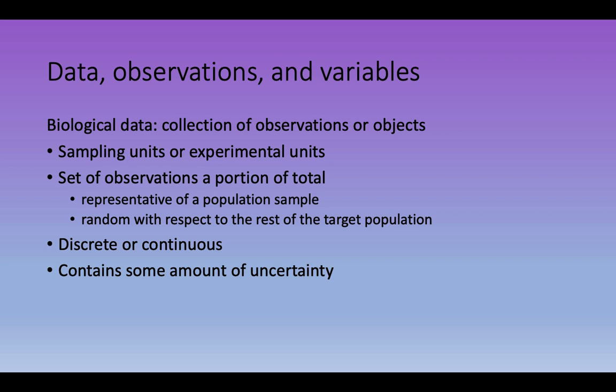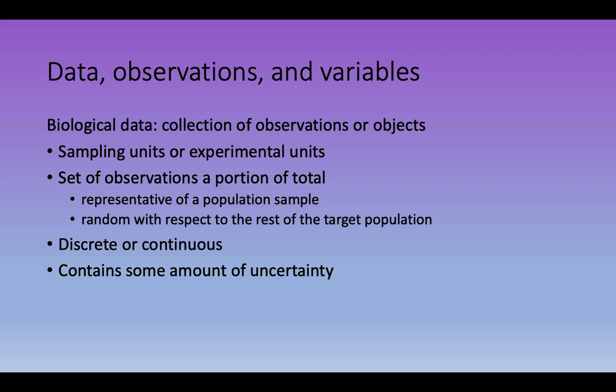As we look at all these different characteristics of the actual data that we might use to examine hypotheses, we can see that when it comes to biological systems, especially because of this uncertainty component, using a statistical, especially a probabilistic, framework to describe these systems is going to be really important.